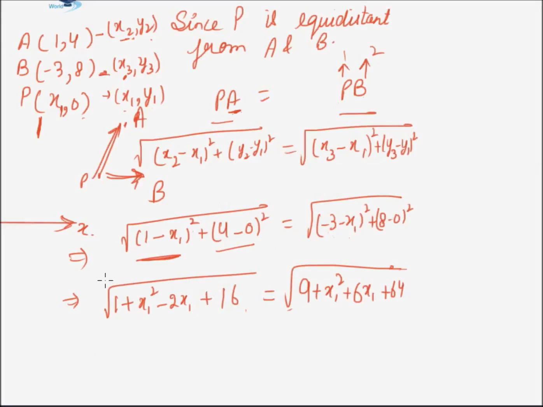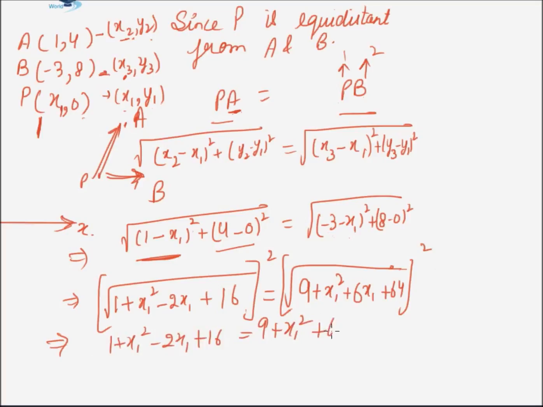The equation can be simplified by squaring both the terms. On squaring both the sides, the square root will get vanished and we will get 1 plus x1 square minus 2x1 plus 16 is equal to 9 plus x1 square plus 6x1 plus 64.